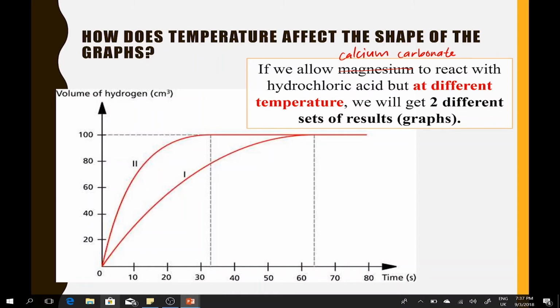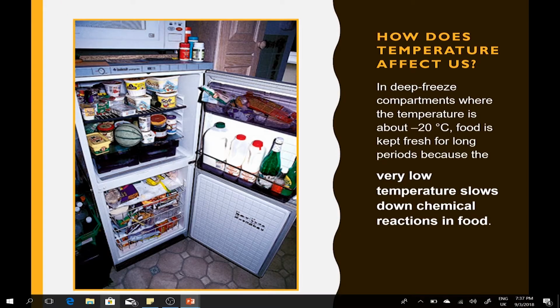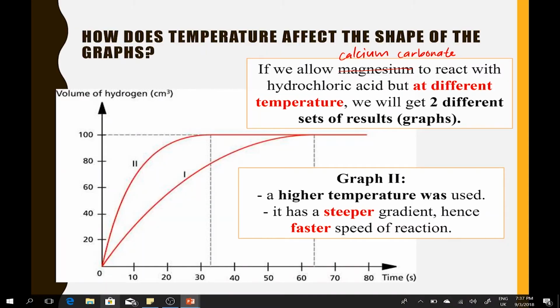Graph 2 is faster than graph 1 because of a steeper gradient. Graph 2 is steeper, so a faster speed of reaction. That's because it's at a higher temperature: this is at 60 degrees Celsius, and this is at 25 degrees Celsius.